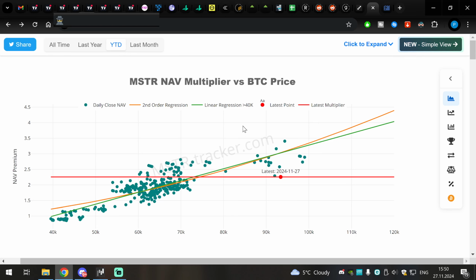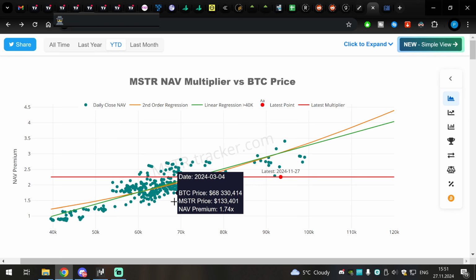Here, in the first portion of 2024, we were trading at not so big premiums. Let me show you. Some dots don't even work. Show me one of the dots. Come on, here. So here the premium was 1.74.